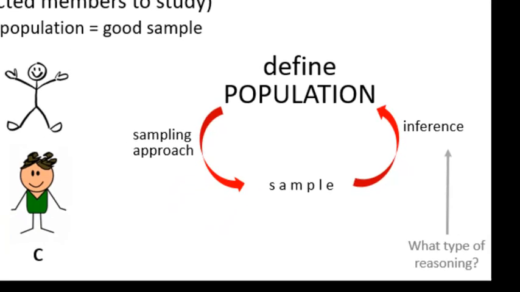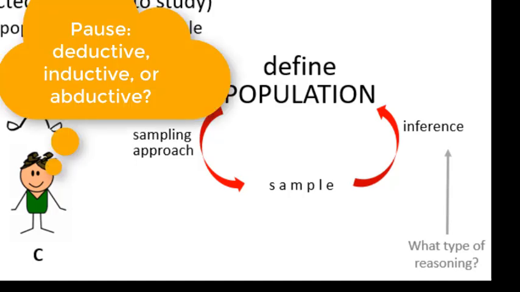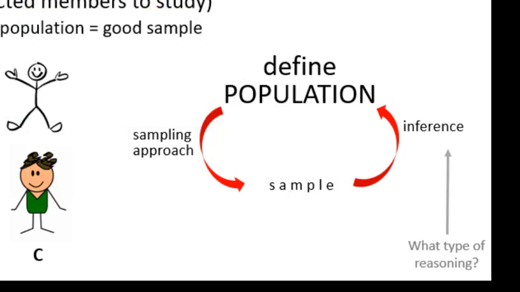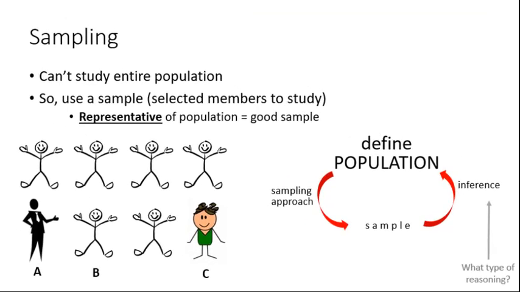If we have a population, our sample is representative of that population, we find X information about our sample, therefore X should be true about our population. What type of reasoning is that? Deductive. If all the premises are true, the conclusion logically follows.